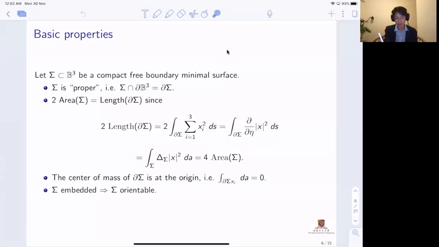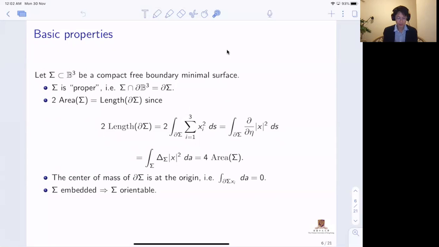But now because the free boundary condition tells you that dxi d eta is equal to xi, so you get just this expression here with a 2 because of this square, right? So now, but because the boundary of sigma lies on this unit sphere, so this part is in fact equal to 1. So this integral just gives you 2 times the length of the boundary. So you cancel out by 2 on both sides, you get the formula.